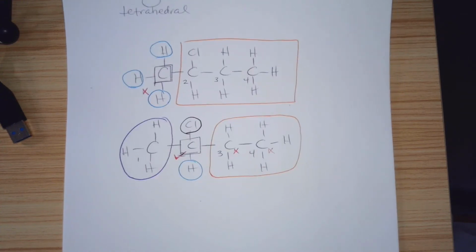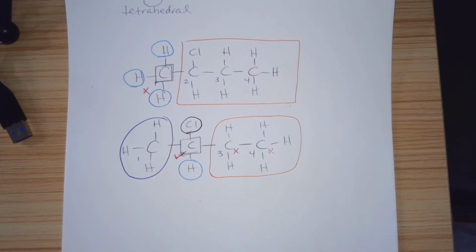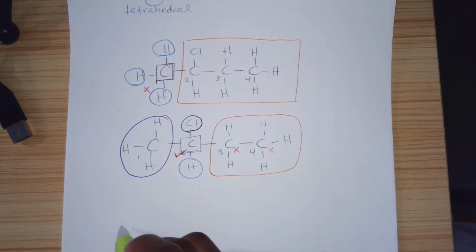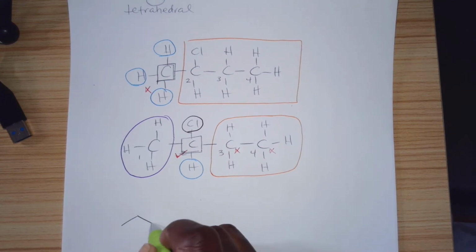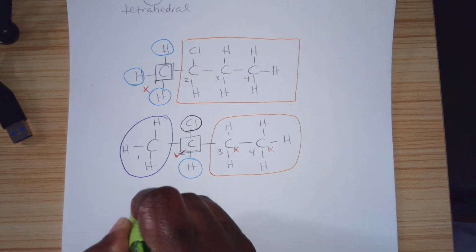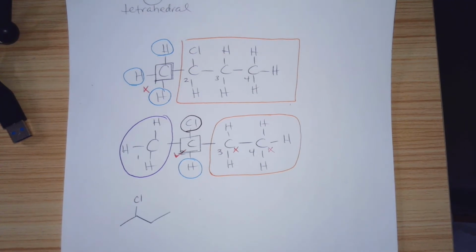If I were to draw this same compound in a skeletal form, what we typically see would be 1, 2, 3, 4, and my chlorine was on carbon 2. And recall, because this is a skeletal structure, I don't actually see those hydrogen atoms that are bonded to carbons 1, 2, 3, and 4. They're present, but they are not shown.